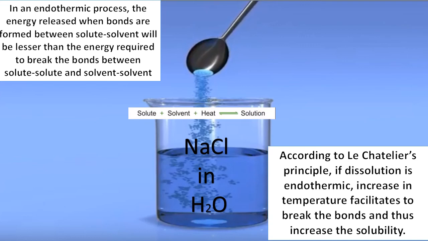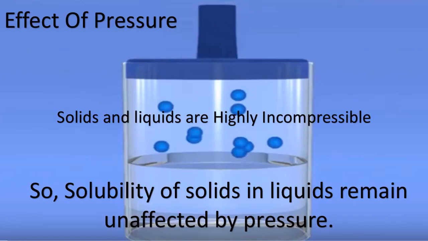So when I increase the temperature, the system at equilibrium will favor the product side. So in general we can say, with an increase in temperature, solubility will increase. Now let's see the effect of pressure.